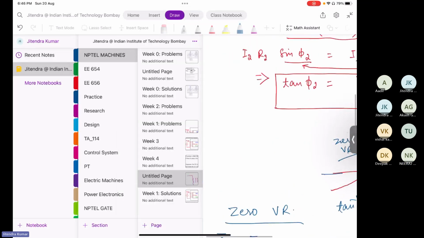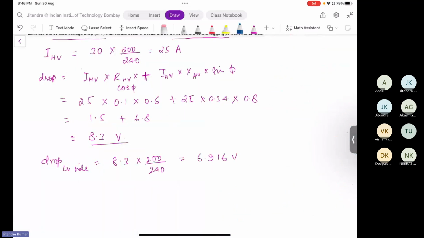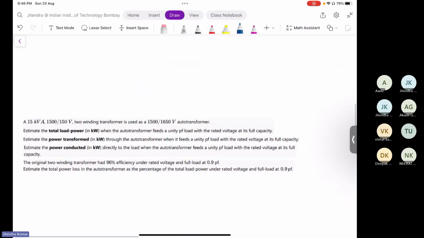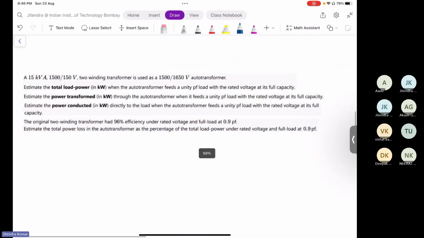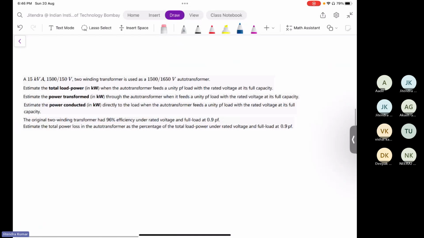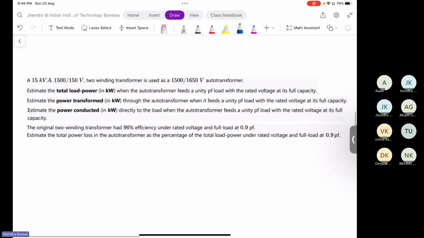So that was the voltage regulation concept. So we are entering into auto transformer. Okay, so this is the problem. I hope you are able to see.